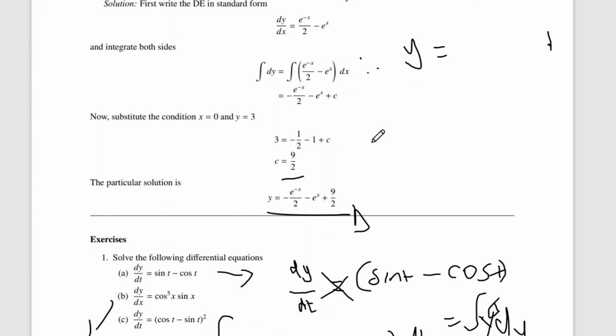Letter B is dy over dx is equal to cos^5 x sin x. That is why I told you that you must also bring back your skills of integration.